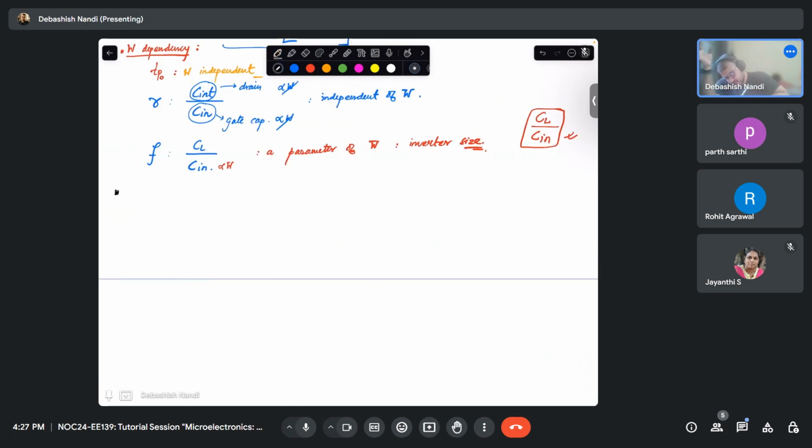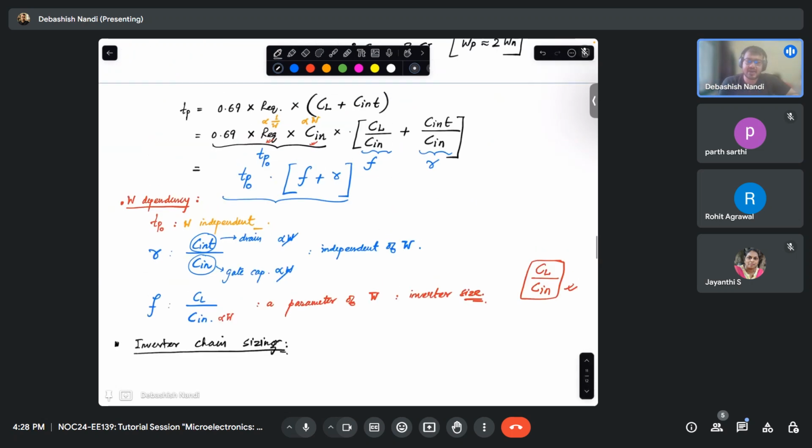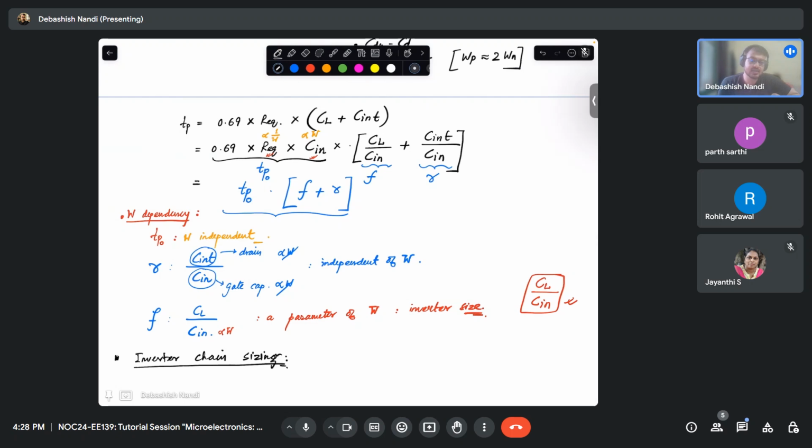Now what we'll do? Inverter chain sizing. So far it is clear, right? It is very important to understand this much. Then everything will become very easy. Yes, sir. Clear.